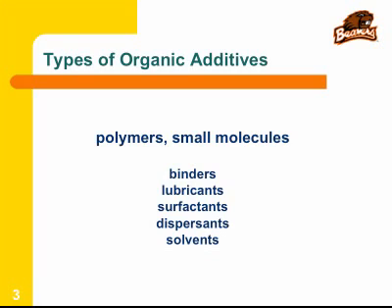Surfactants and dispersants are related to each other. In both cases, they cover the surface of the particle. In one case, the surfactant helps to increase the compatibility, the bond between the powder surface and the polymer surface. So that's what we look at when you refer to surfactants.